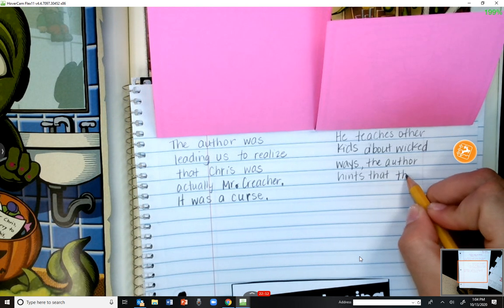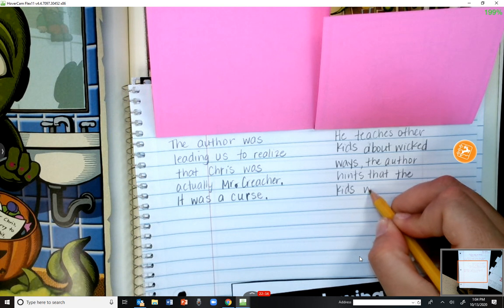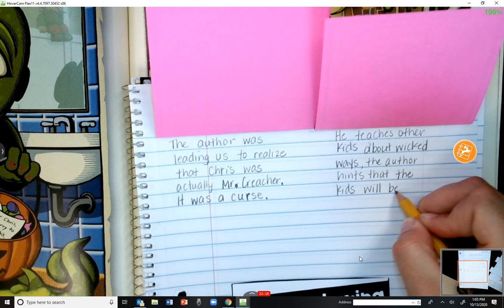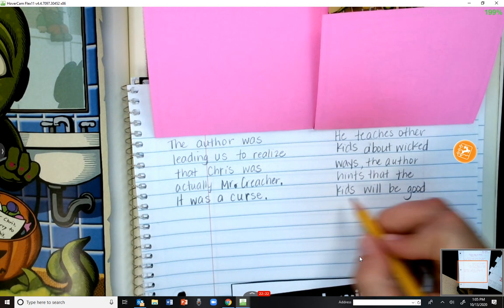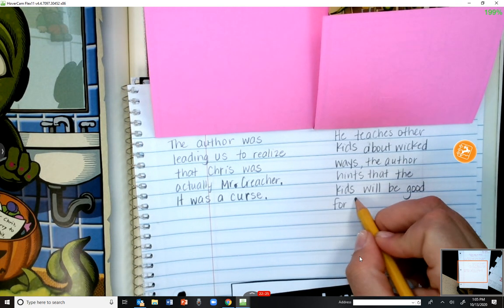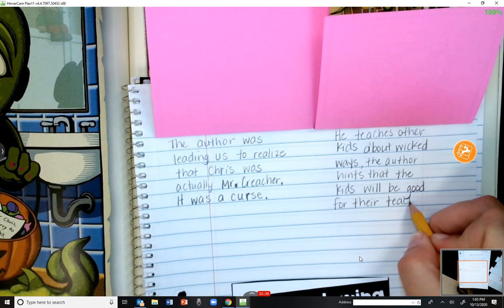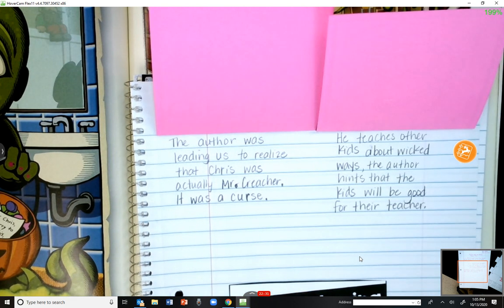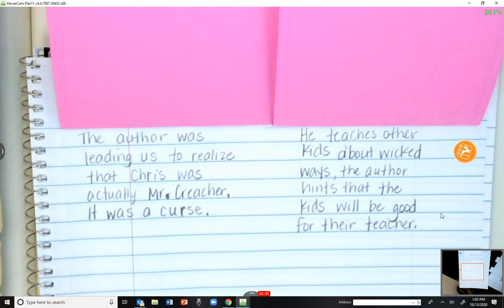The kids will be good for their teacher when she returns, right? Isn't that the whole point? She wanted that substitute to kind of scare them so they would be good when she got back.